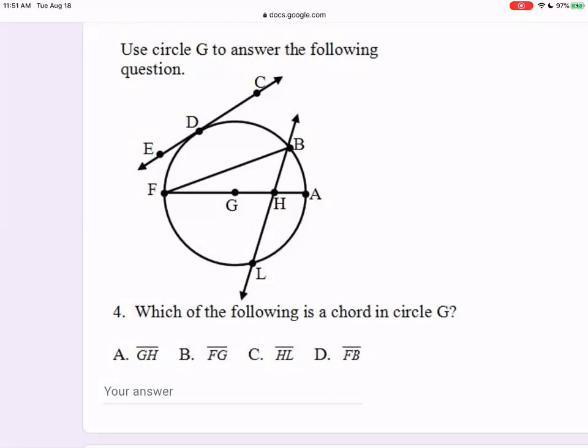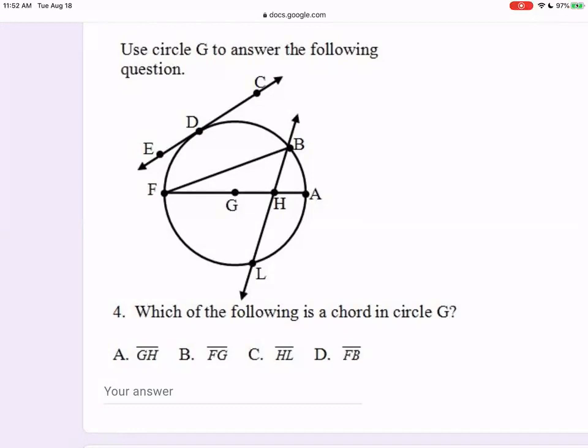C. I think I heard two different things. D? B says F, G, F. No, D. D, okay. D says F, B, and I also heard somebody say C. So you specifically want a chord to start on the outside of a circle and end on the outside of the circle.